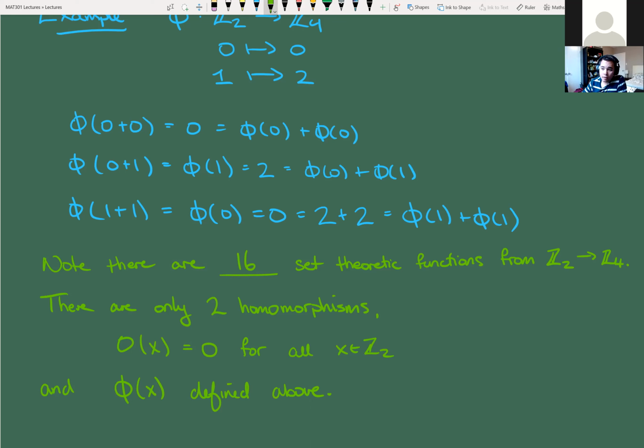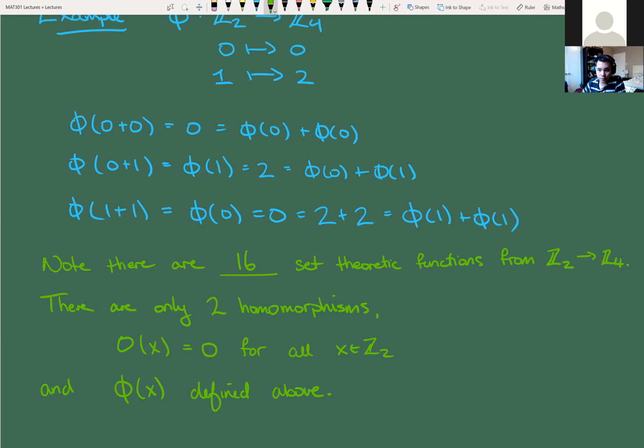Now I'm not going to give you a proof right now that these are the only two, so I'm going to ask you to take it on faith. I can do an example to show you what can go wrong. But you're going to have to take it on faith right now that these are the only two group homomorphisms. So immediately what we see is that most of the functions from Z2 to Z4 are not group homomorphisms.